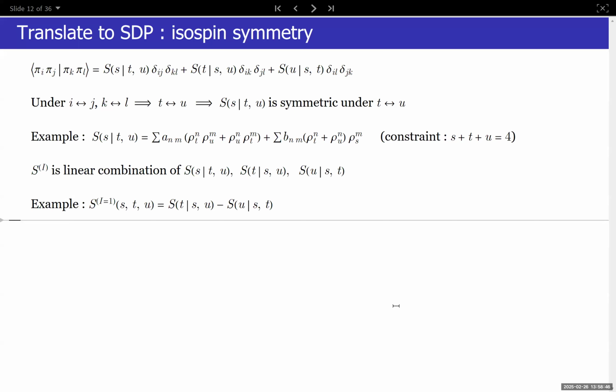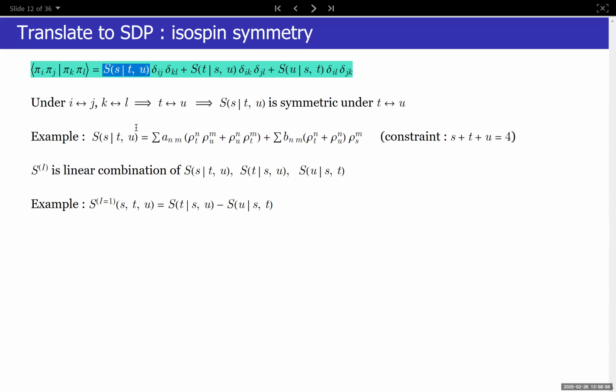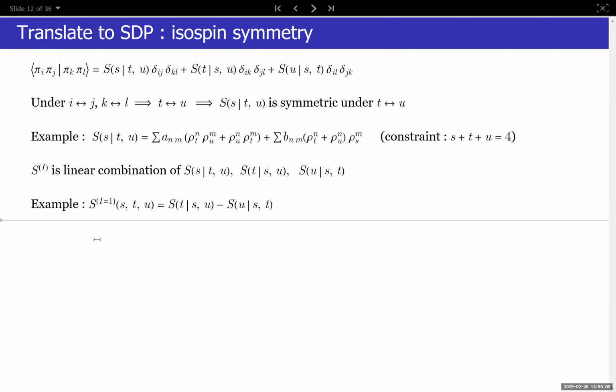At the front, we have some function depending on S, T, U. The crossing symmetry says the first term should be symmetric under T and U exchange. Now we want to combine the crossing symmetry with the analyticity and the isospin symmetry.